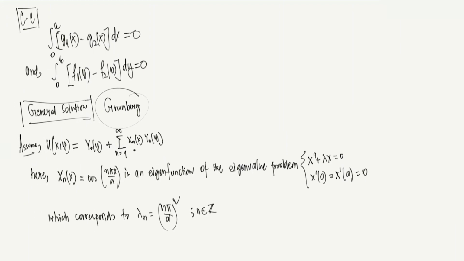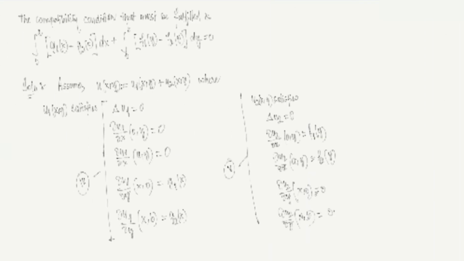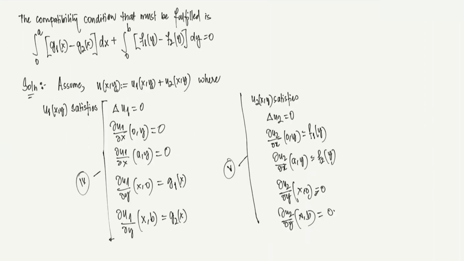So now you see, if you put it in this equation, we are explicitly writing down what these are. How do you get these two conditions? We get it like this. If you fix a y, with respect to the x variable, the change in u1 is 0. With x equals 0, it is also 0, and x equals a, also it is going to be 0.